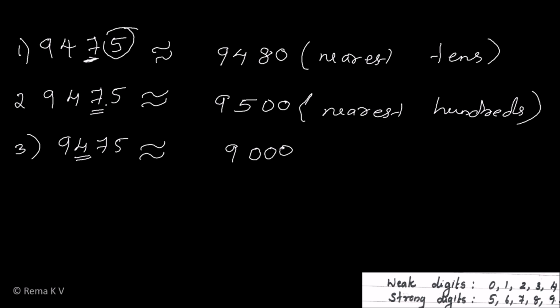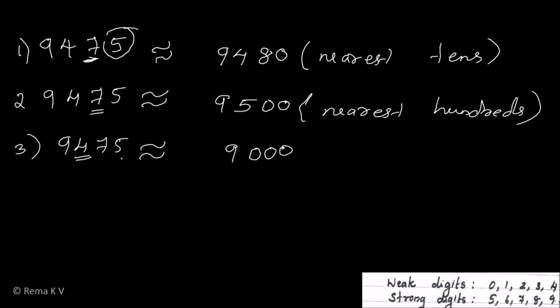So here in this one we are rounding off this to the nearest hundreds. So for that, put zeros in the ones place and tens place, and then check the digit in the tens place. It is a strong digit here. Add 1 to 4. 4 plus 1 gives 5. Then write the same digit in thousands place.